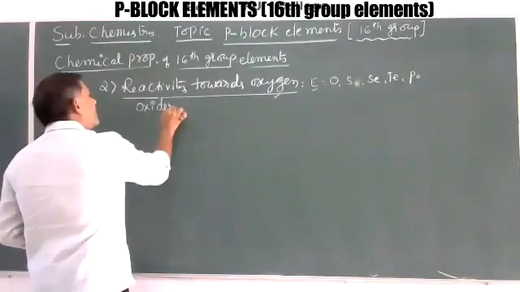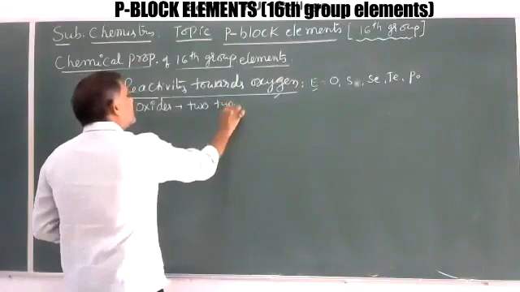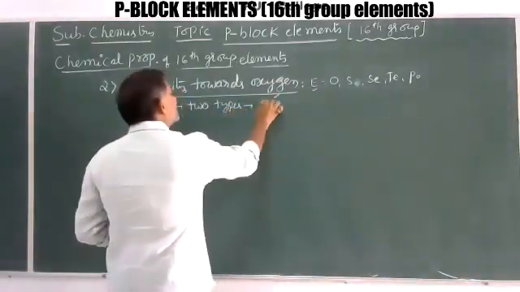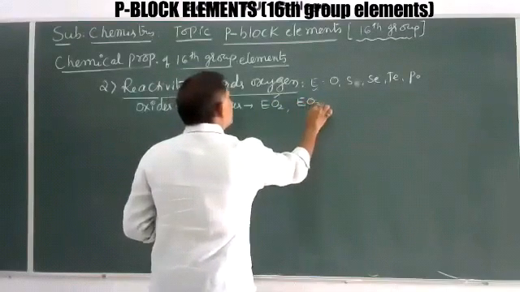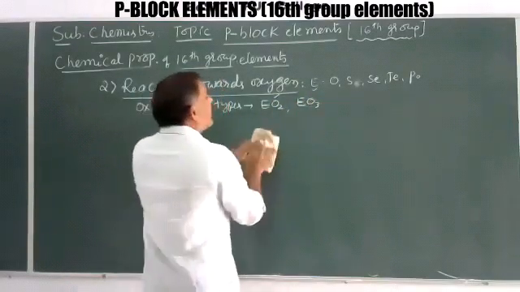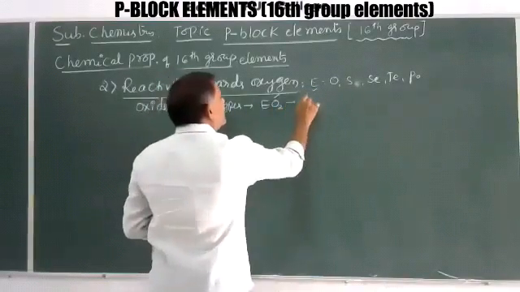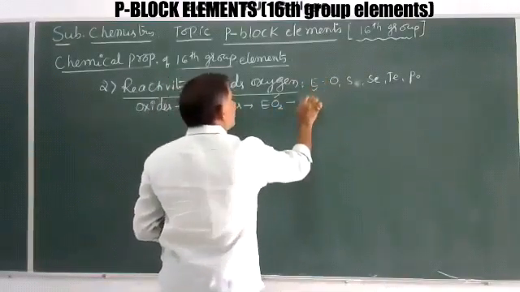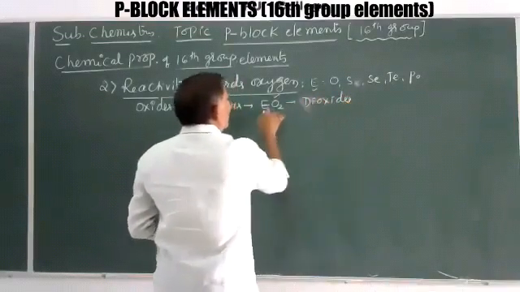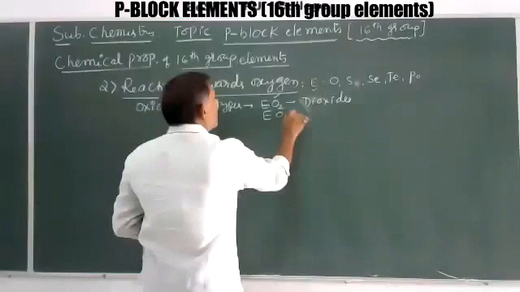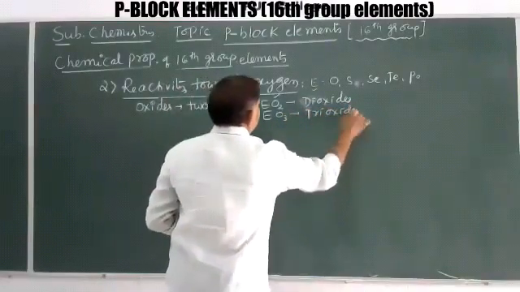These corresponding oxides are generally of two types: EO2 and EO3 type. EO2 is nothing but dioxides, and EO3 is nothing but trioxides.